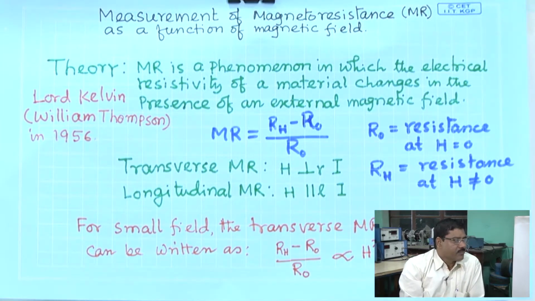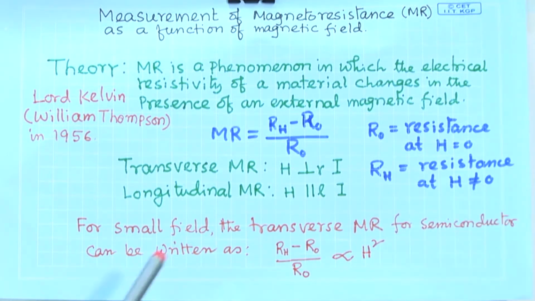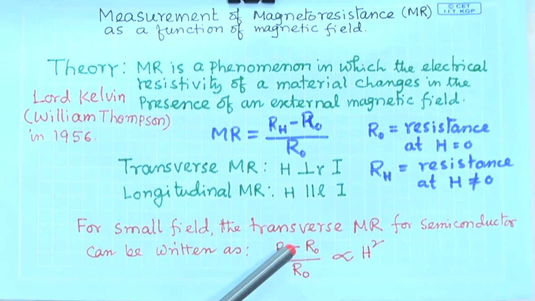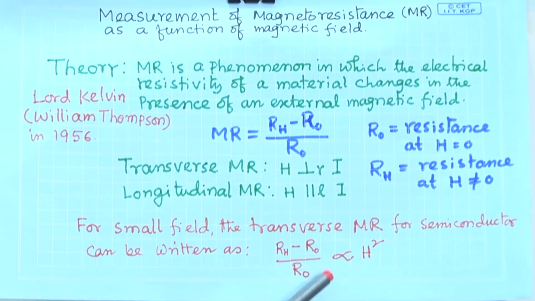Now, for a small field, the transverse magnetoresistance for a semiconductor can be written as: magnetoresistance, RH minus R0 divided by R0, is proportional to H square.